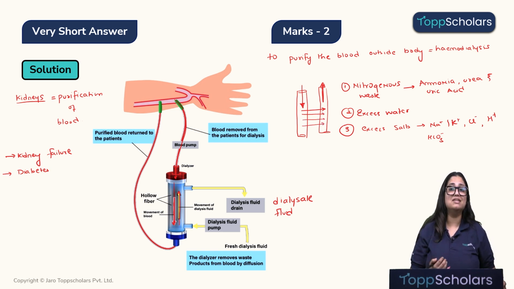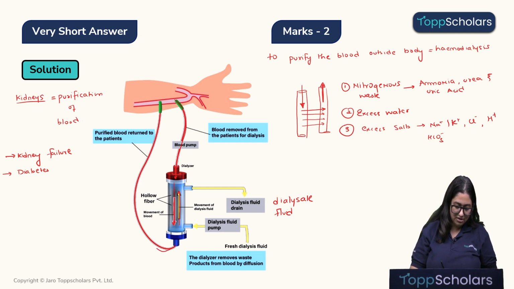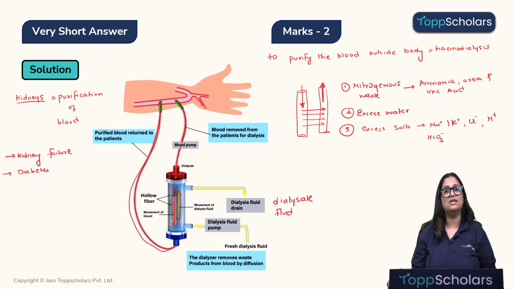That is, the blood is being purified from all this nitrogenous waste and excess substances outside the body in this hemodialysis machine. Now, once the blood is purified, the purified blood is again sent back into the body. And this is how hemodialysis works.